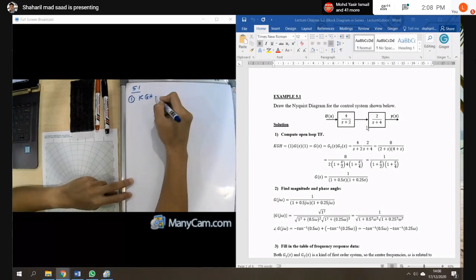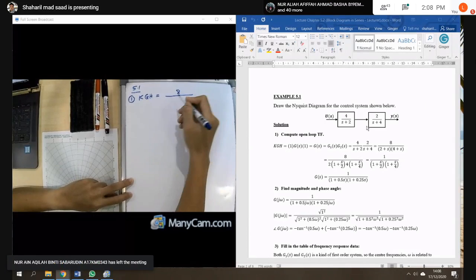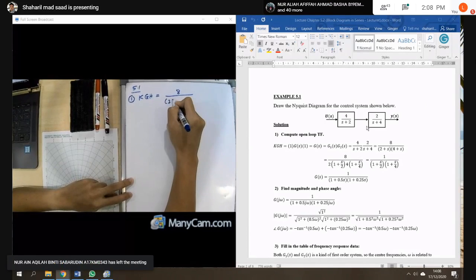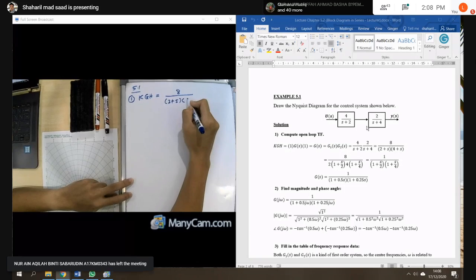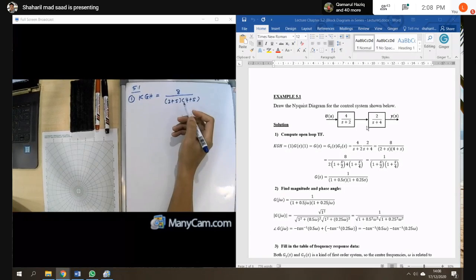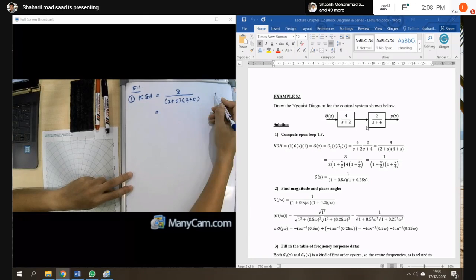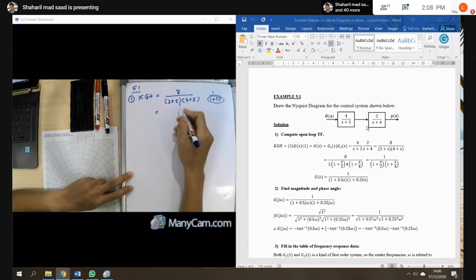From this, we get 8 over (2 plus s)(4 plus s). However, we try to make it like a first order equation, which is 1 over 1 plus Ts, so we want to make it in the form Ts. Then you need to factorize.